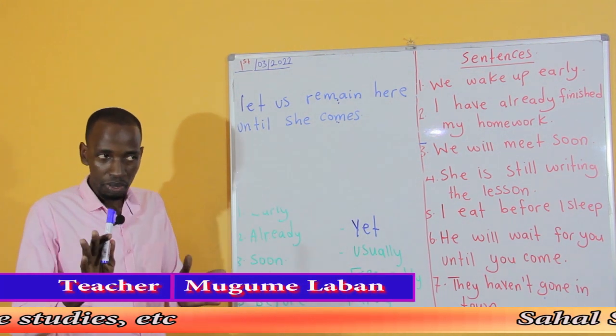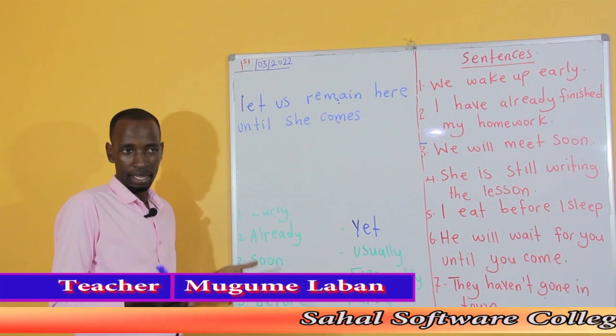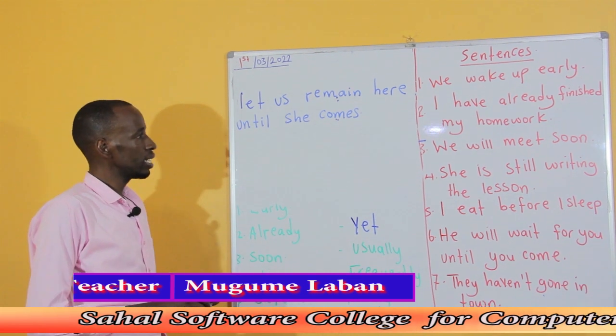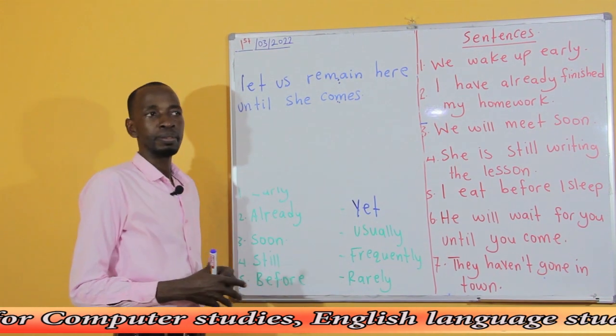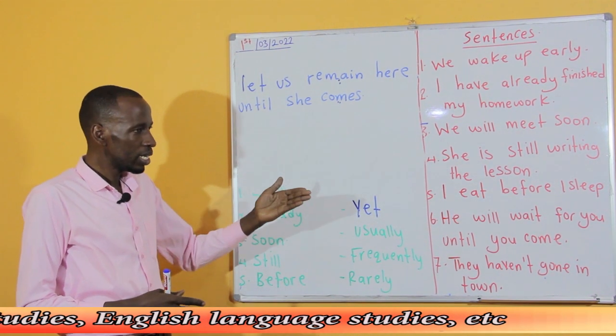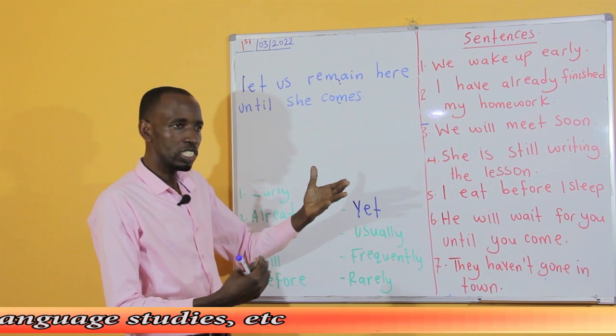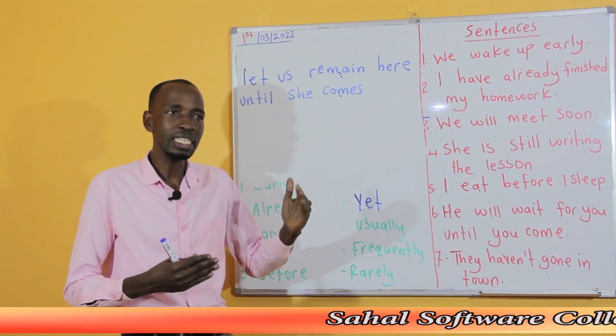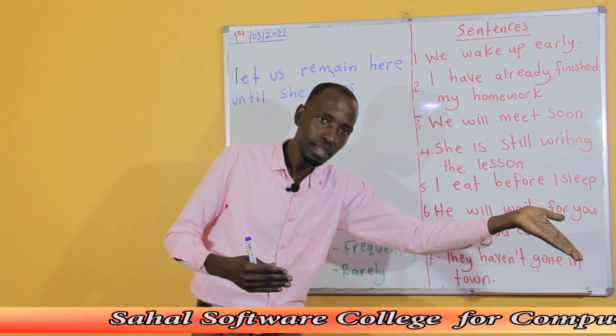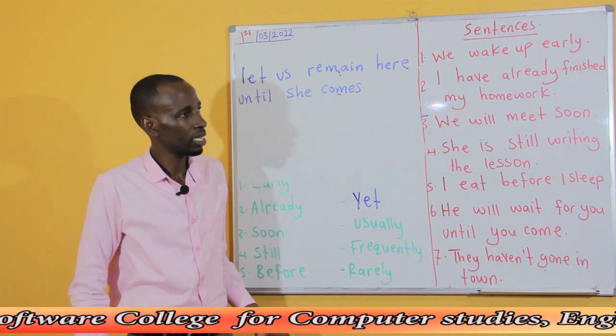In positive, we don't use yet. Why? Because actually, yet is the opposite of already. Because already means something takes shorter time than expected. And yet means something takes longer time than expected.